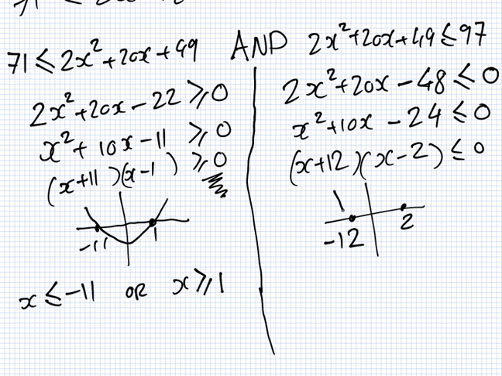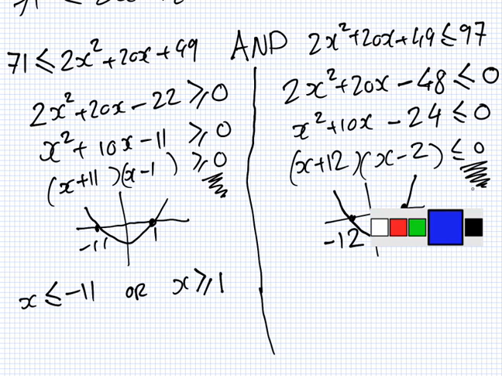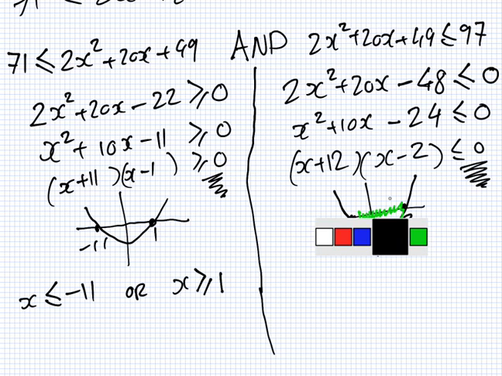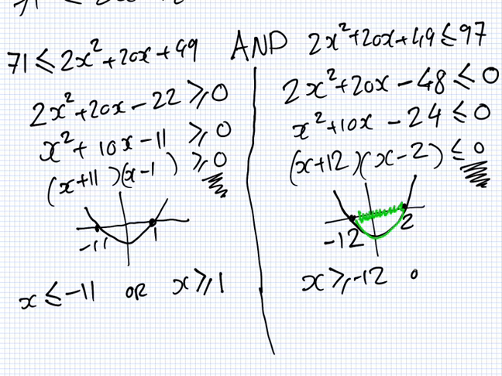Now, which piece do I take here? Please be careful. Here I want it to be negative. So in this example I use this piece because I want it to be negative. So x must be bigger than minus 12 and smaller than 2.